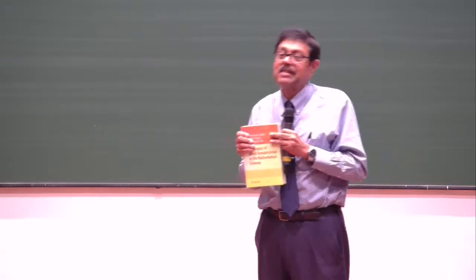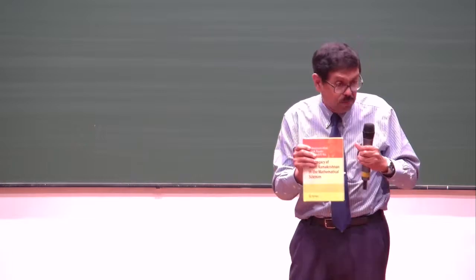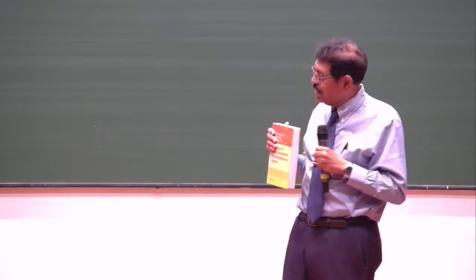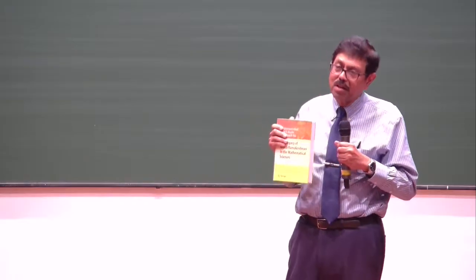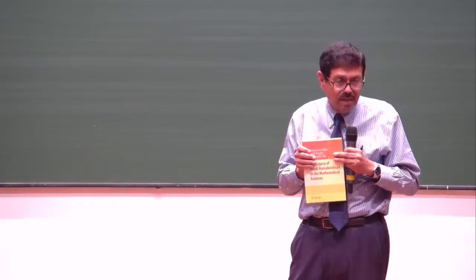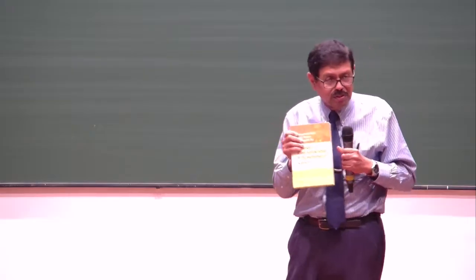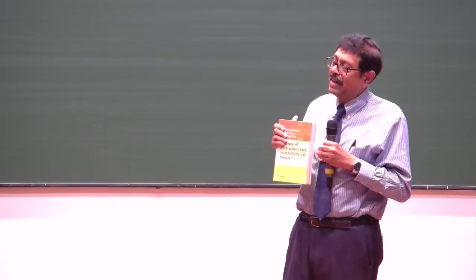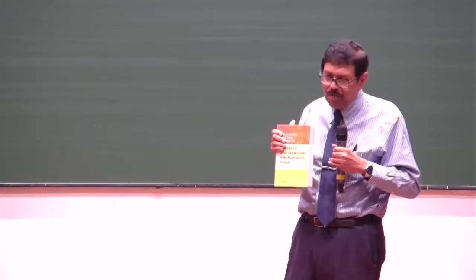The second thing is, Shreeram Abhyankar, about whom you have all heard, a very famous algebraic geometer hailing from Pune. He and my father were very close friends. So I wrote to Professor Abhyankar to also contribute a paper to this volume. And I didn't hear from him for about a month.